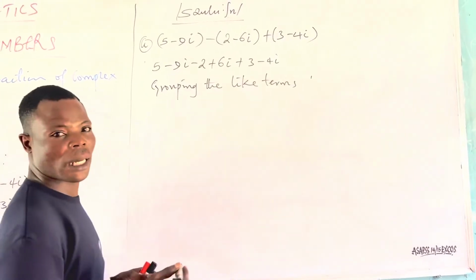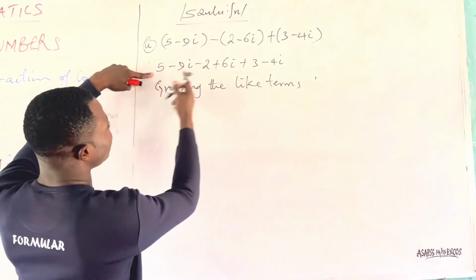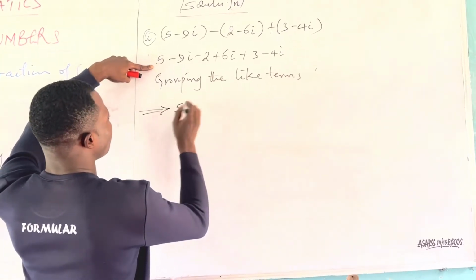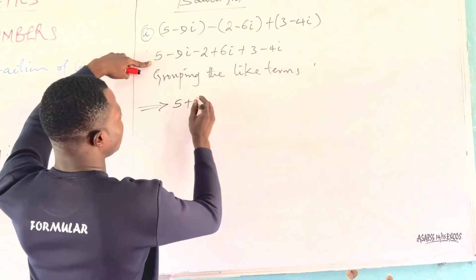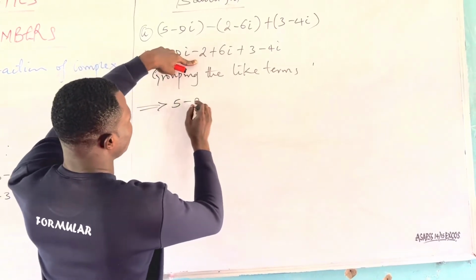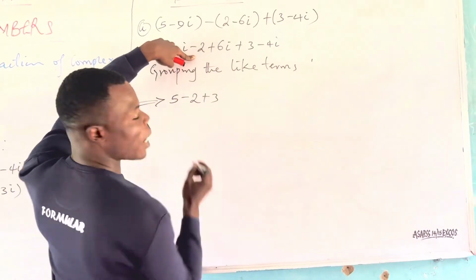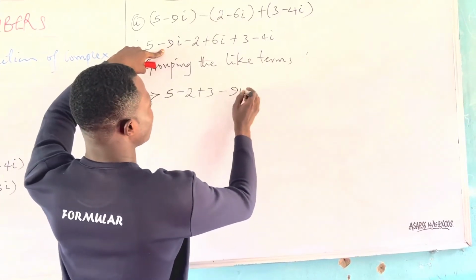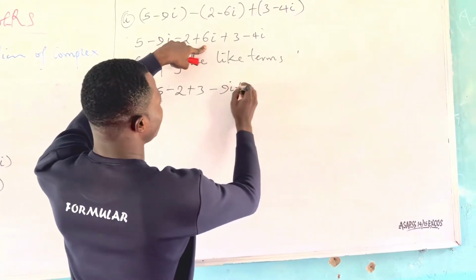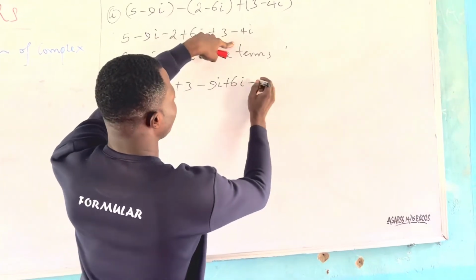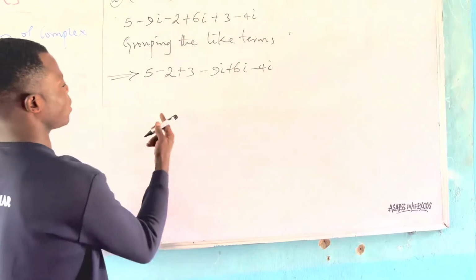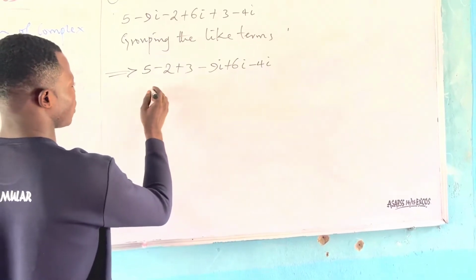So what are the like terms? The real numbers are 5, 2, and 3. So we have 5 plus minus 2, then plus 3, and the imaginary numbers are minus 9i plus 6i minus 4i.